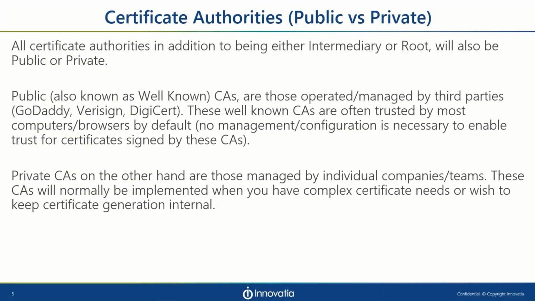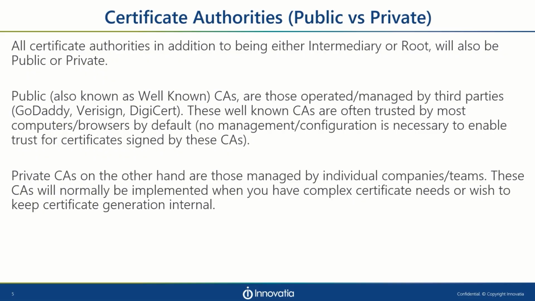So with public certificate authorities, which are also known as well-known CAs, these particular certificate authority servers are managed by third-party companies, for example, ones like GoDaddy or VeriSign or DigiCert.